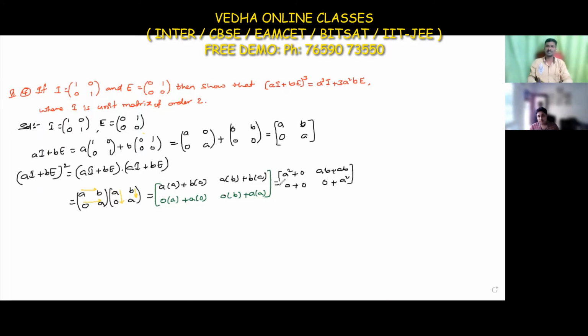So now write the simplified form: a square, ab plus ab that is 2ab, and 0, next a square.